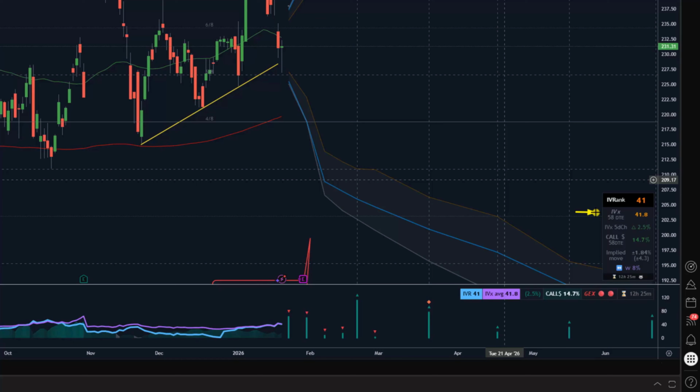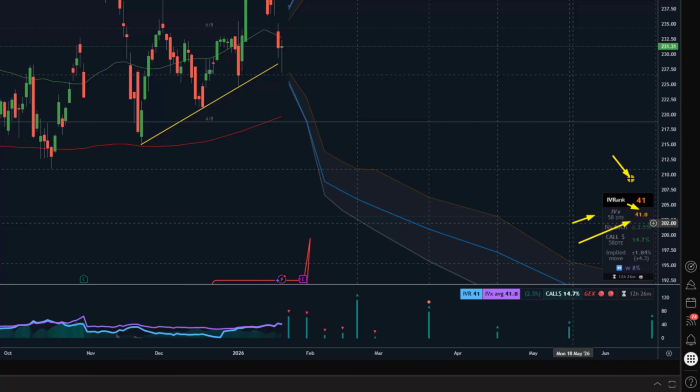This allows you to analyze front month versus back month volatility, term structure, shape, and volatility skew across time. What we are showing you in the panel as IVX is the average implied volatility value up to the optimal expiration, which is around 45 to 60 days. Right now we are showing the 58 days to expiration IVX, which is 41.8. But never look at this number in isolation.